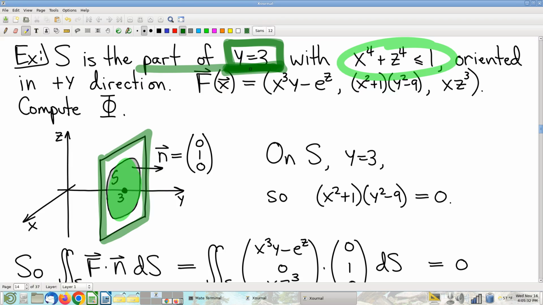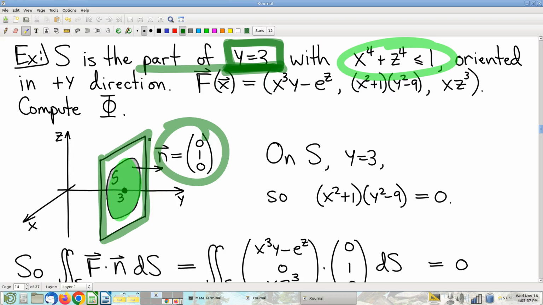And there's two parts of this payoff. One is, this is a plane. It's an easy plane. It is a plane that is perpendicular to the y-axis. And so the normal vector is parallel to the y-axis. And so, boom, we know our orientation normal vector is just 0, 1, 0.